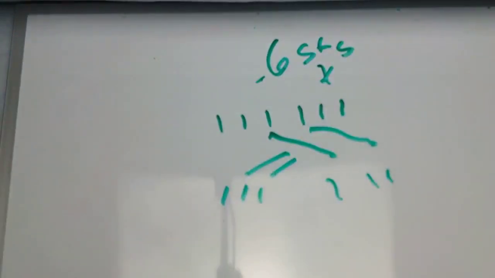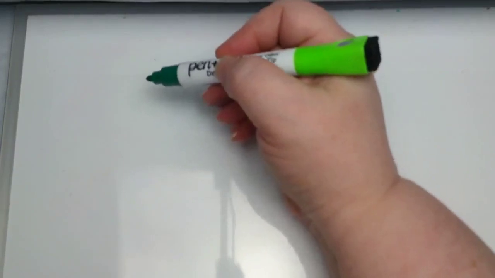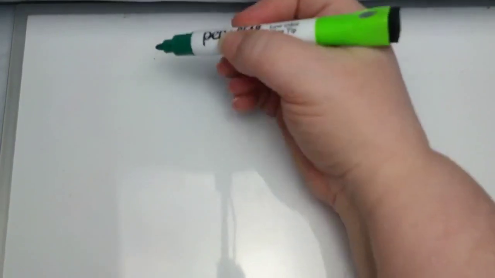The other thing that I want to talk about, and make sure that you check the pattern that you're using. Generally, a pattern will say something like you're going to do your cable every 6 rows. I hate that. So what you're going to do is count.